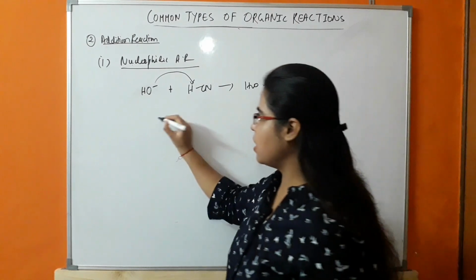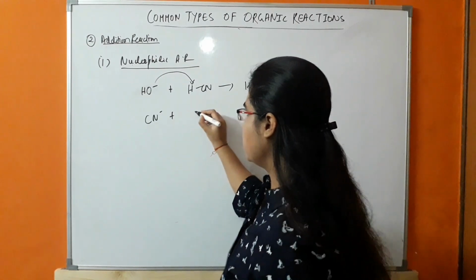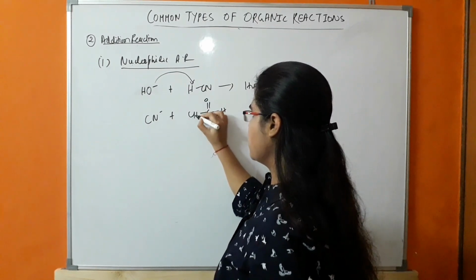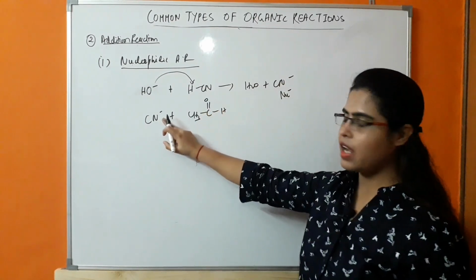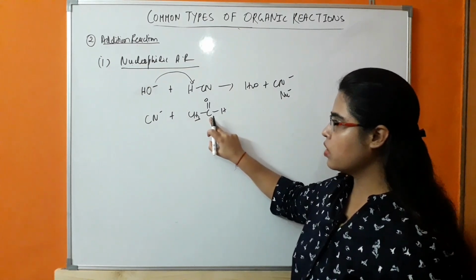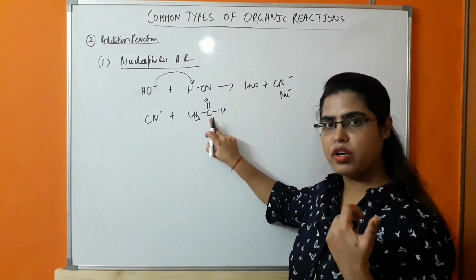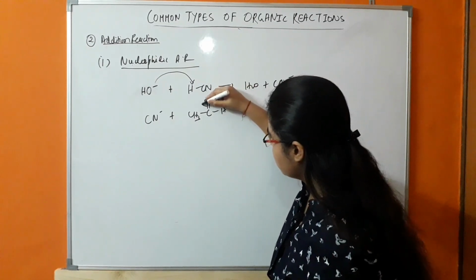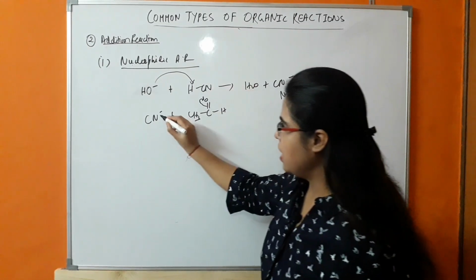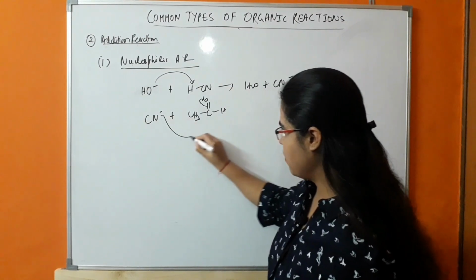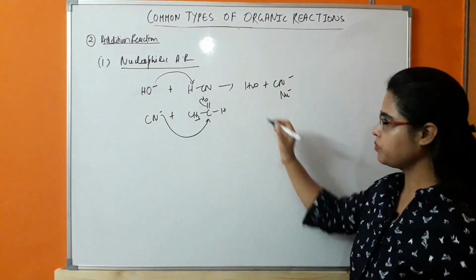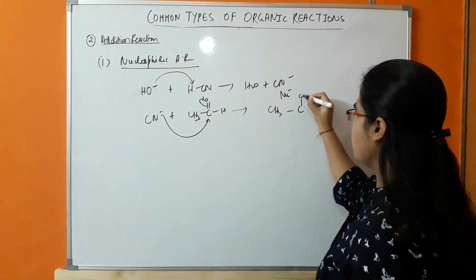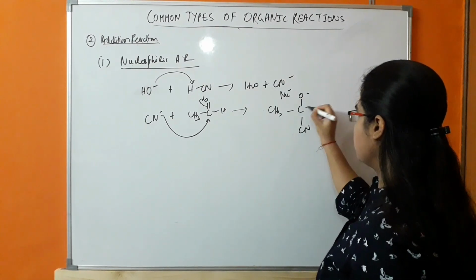This nucleophile then attacks the aldehyde, CH3 C double bond O H. This nucleophile will attack on this carbon because this carbon is electron deficient as it is attached to this oxygen. So this bond will be transferred to this oxygen, and this negative charge, that is the nucleophile, will attack on this carbon. So there will be formation of CH3, C, O minus, CN, H.